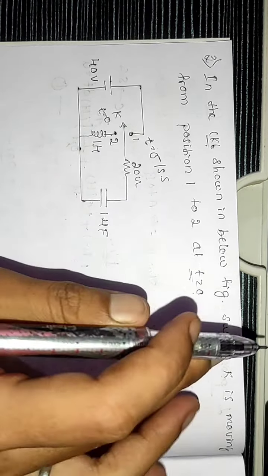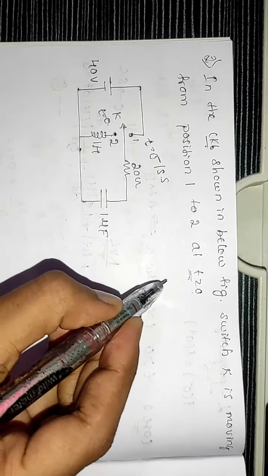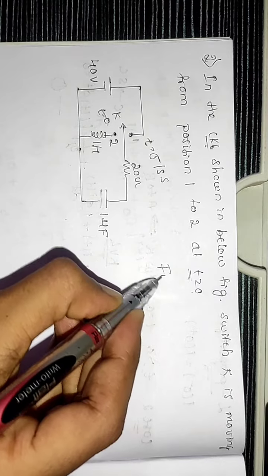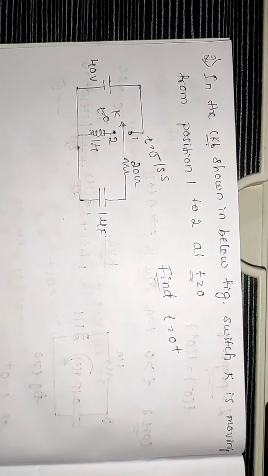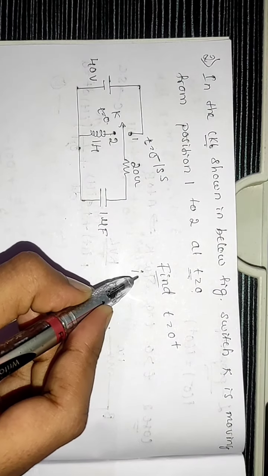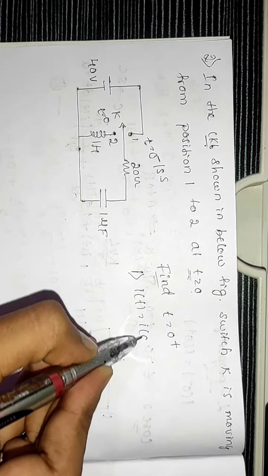First, what you have to find at t equals 0 plus: the first one, I of t, that is I of 0 plus.